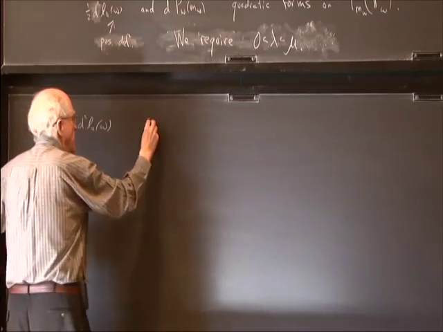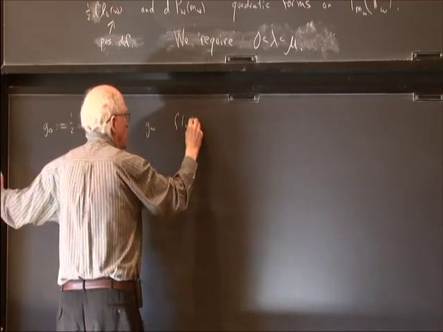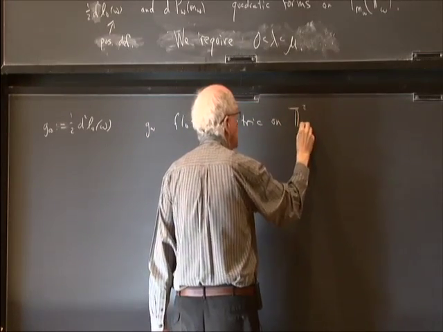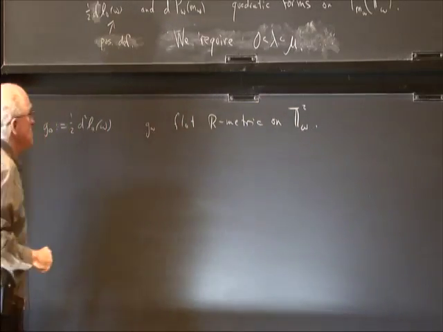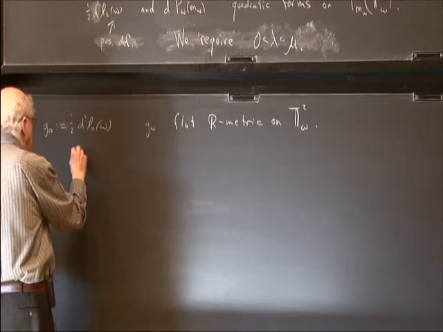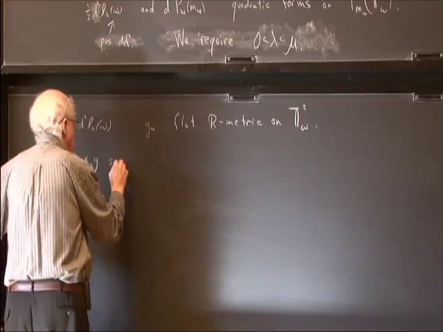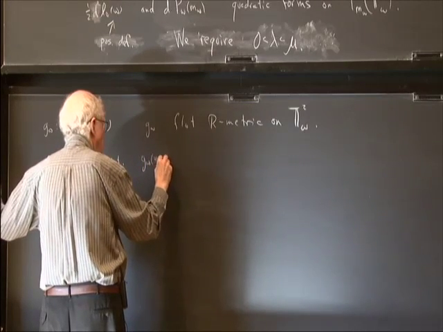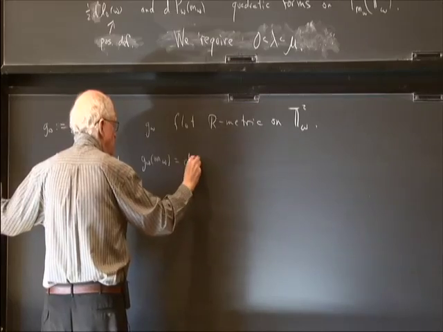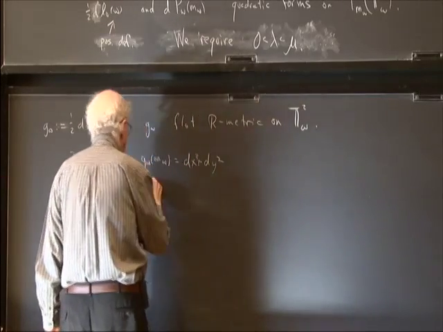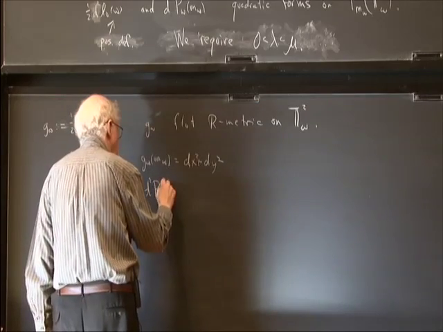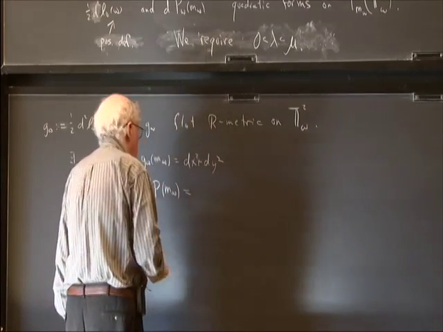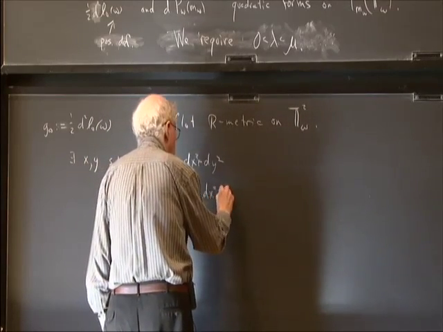So g omega is a flat Riemannian metric on T2 omega. So there exist coordinates x and y such that g omega at m omega equals dx squared plus dy squared, and d2 p at m omega equals lambda dx squared plus mu dy squared.